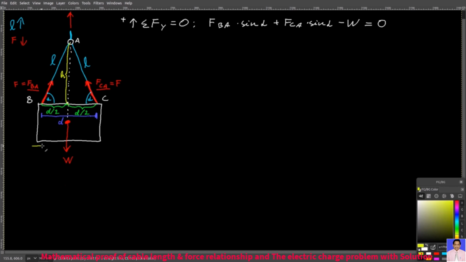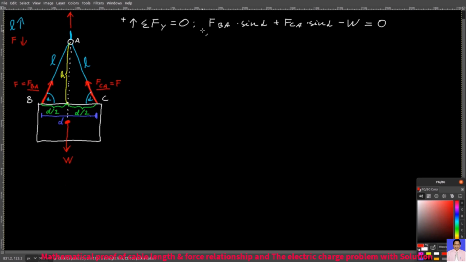It makes sense, right? If I create this boundary and you have W here, then since this block is not accelerating anywhere, it has to be held in place by the y components of these two forces.